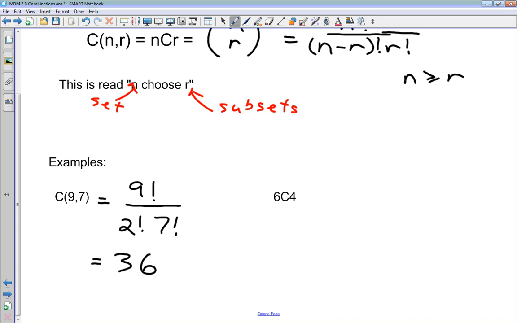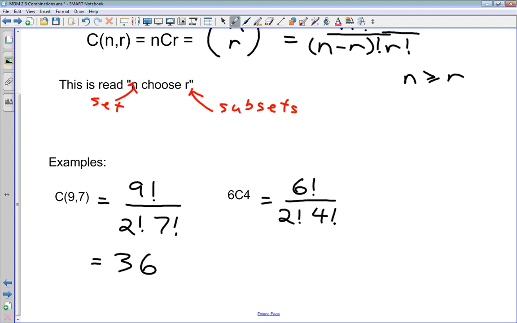You might also see this notation here, 6c4. Again, what is this going to be? Our first number is 6, so we're going to have 6 factorial divided by, on the bottom, 6 minus 4 factorial, so that's 2 factorial, and also divided by that 4 factorial right there. Now, some of these you can evaluate without using a calculator, using those factorial skills that we developed back in Unit 1.